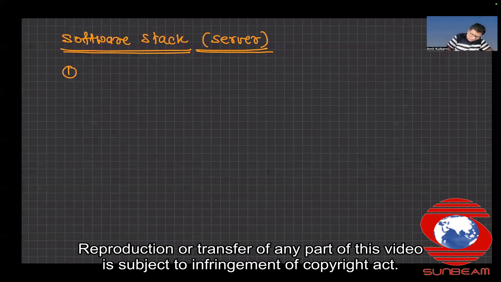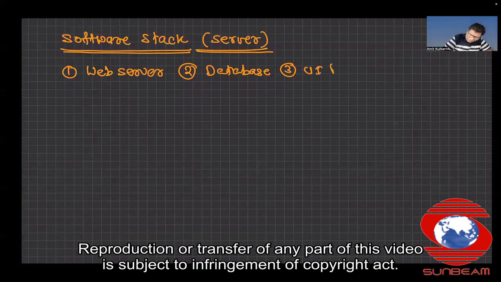This is on the server side. On the server, you are expected to have a web server, which is mainly used for listening on HTTP or HTTPS. Second one is the database. Third one is the user interface framework, or you can say the language, or the library.